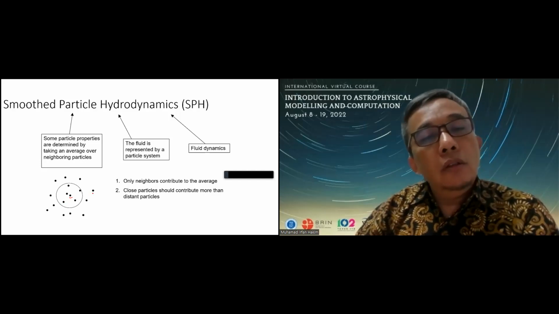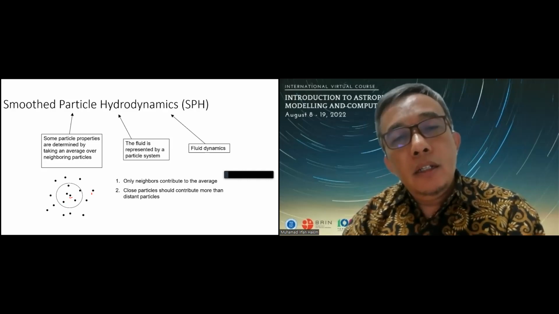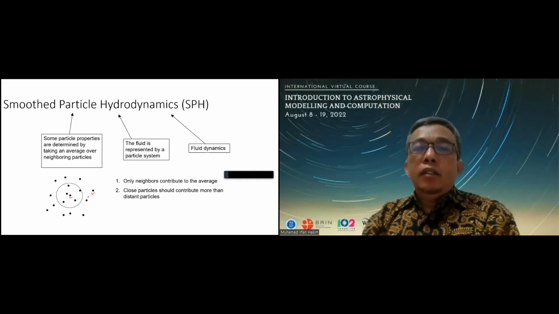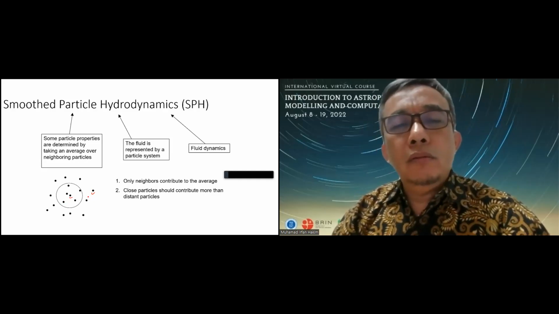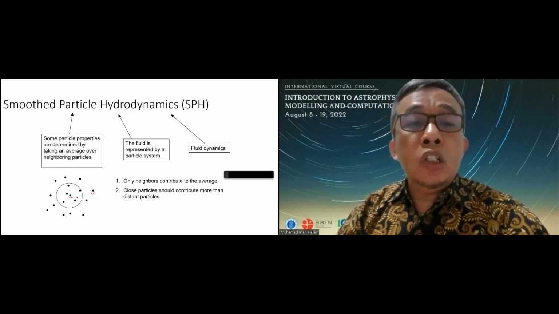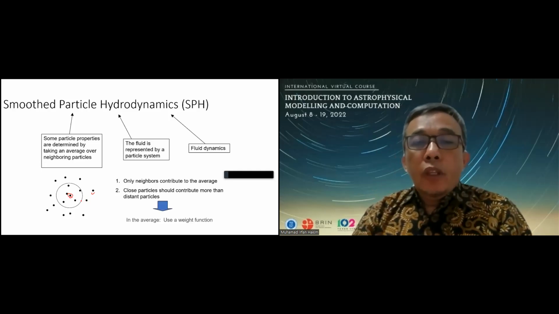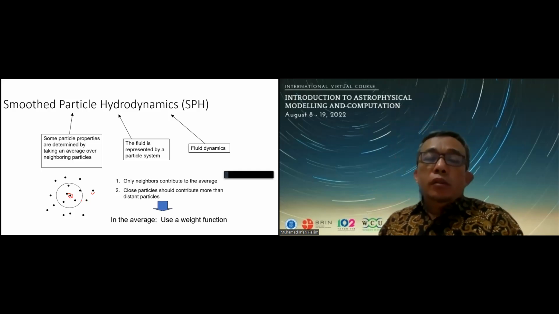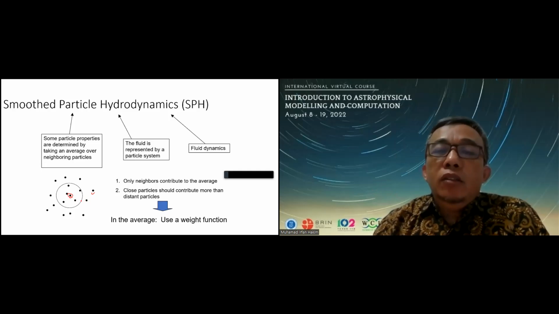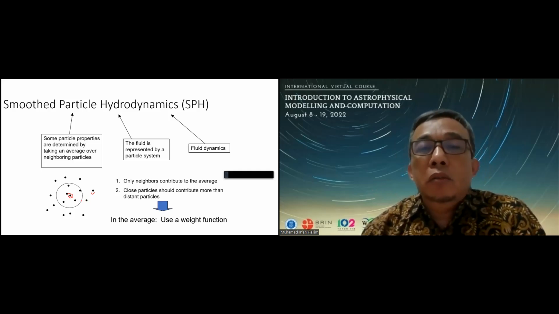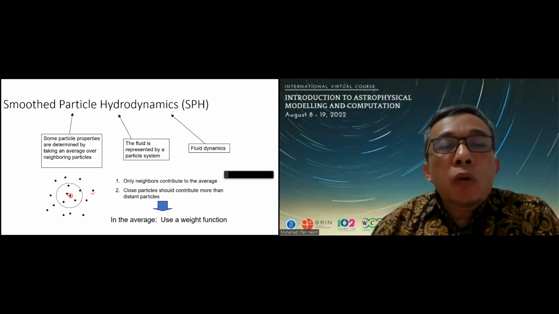And we have to be very sure that the neighbor here doesn't contribute, or is not giving contribution to this particle. So we need to use a weight function to calculate this procedure.